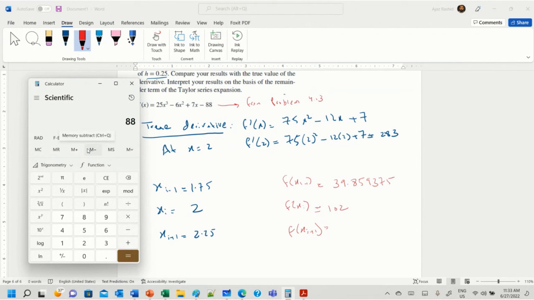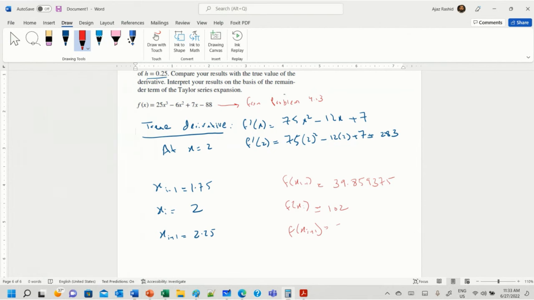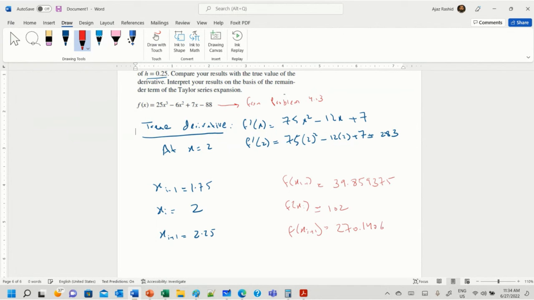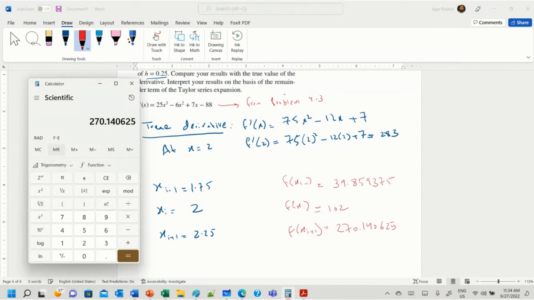Subtract from the memory. We get 270. I don't know if I subtracted the last 88 or not.